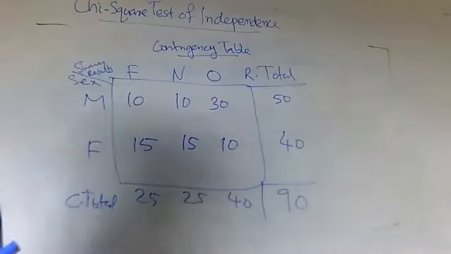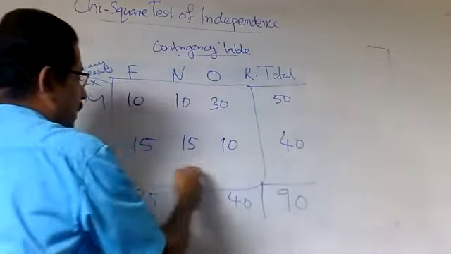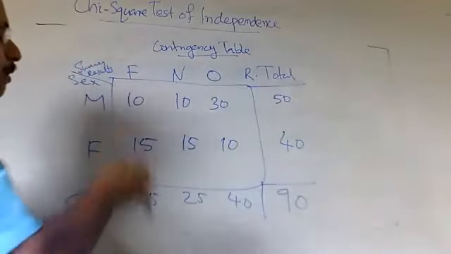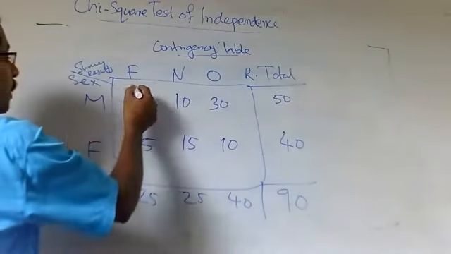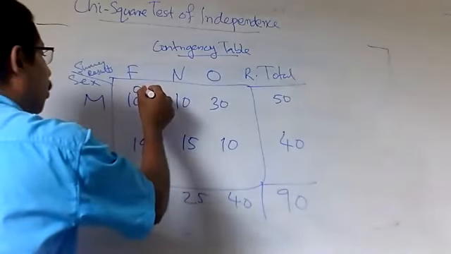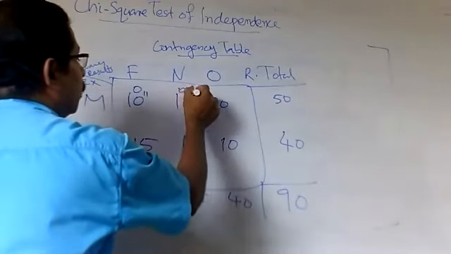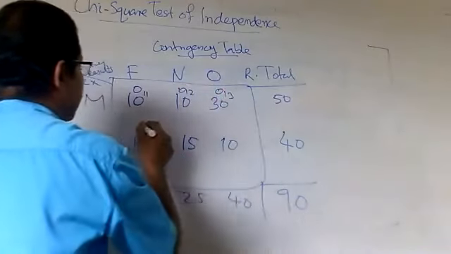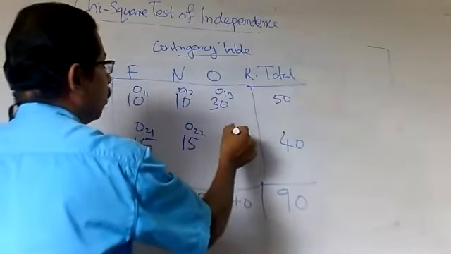To solve this problem, these are our observations. Let them be denoted O11, O12, O13, and here O21, O22, and O23.